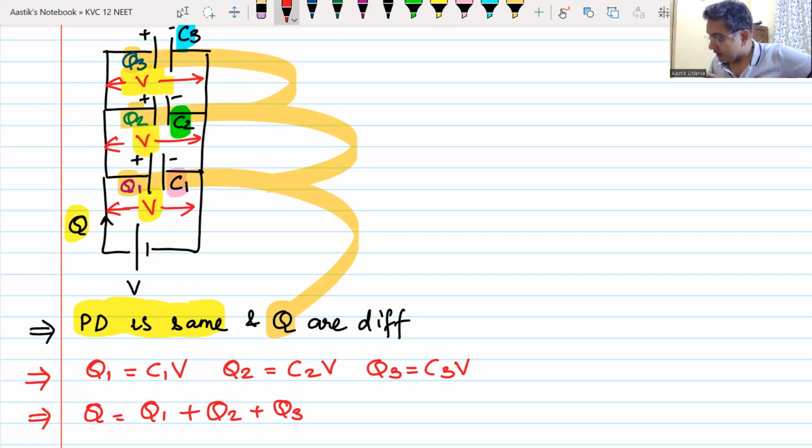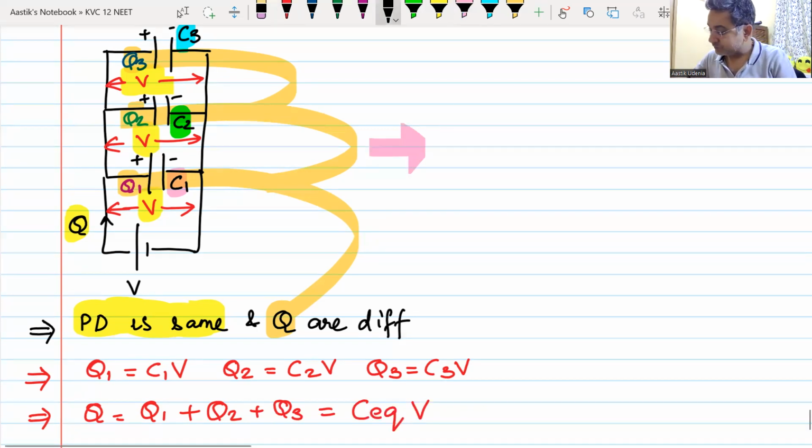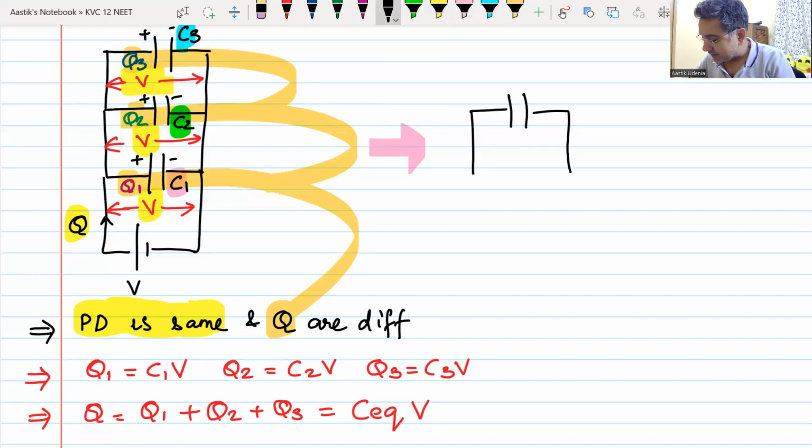Now this total charge can be written as C equivalent multiplied by V. What I mean by this C equivalent is that I can replace these three capacitors and just put one capacitor in place of them. The potential drop would be V and the charge flowing would be Q. This will be the positive plate and this would be the negative plate.